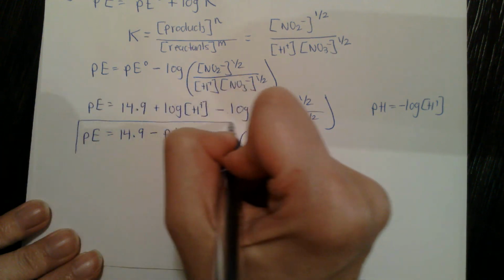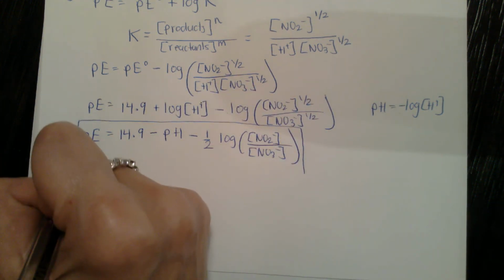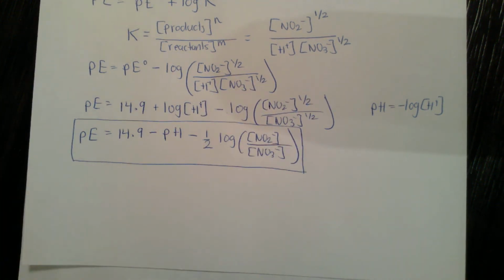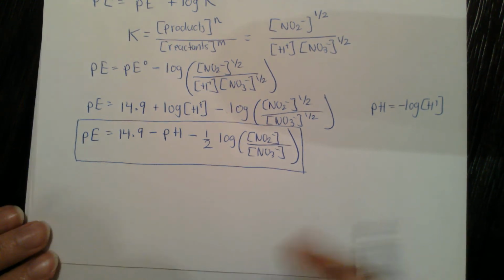Okay, and that is really the best we can do. We pulled our hydrogen out to get our pH. Those concentrations of NO2 minus and NO3 minus, we don't know, and they didn't give us that in the problem. So this is essentially as far as we can go for this part here. Okay, so that was part C. Let's move on to part D. Flip this over.